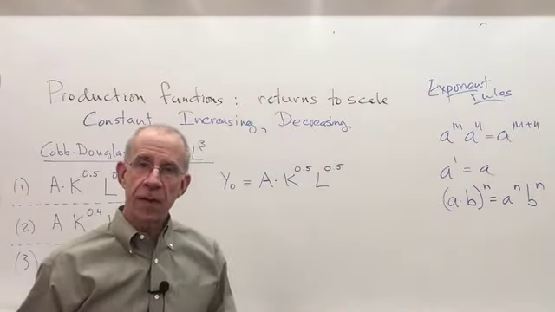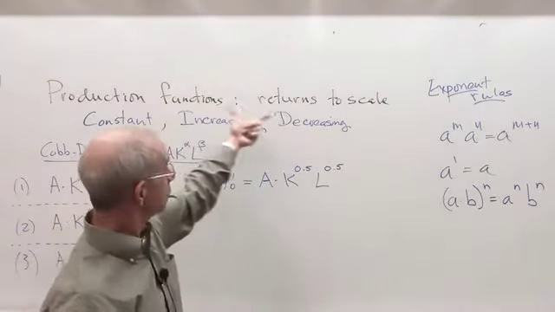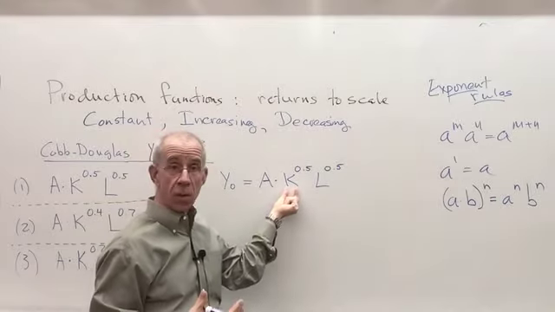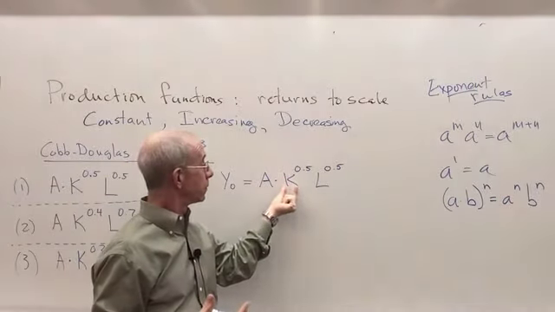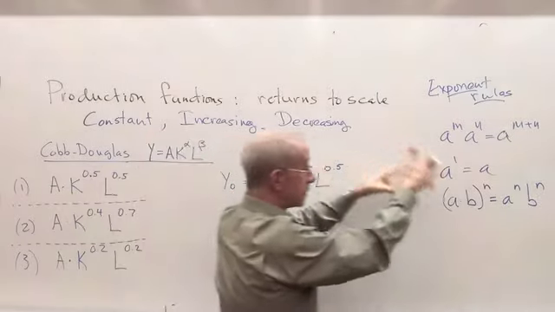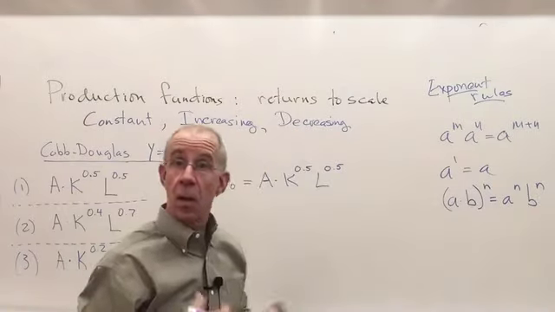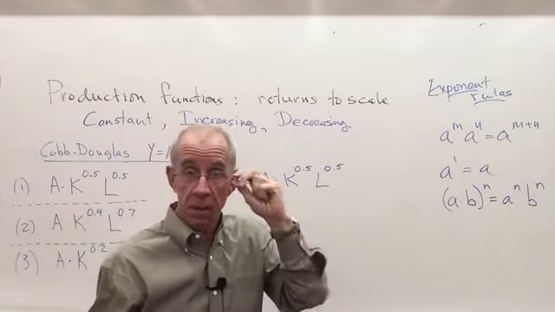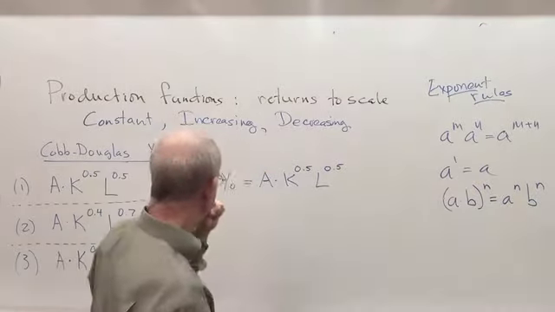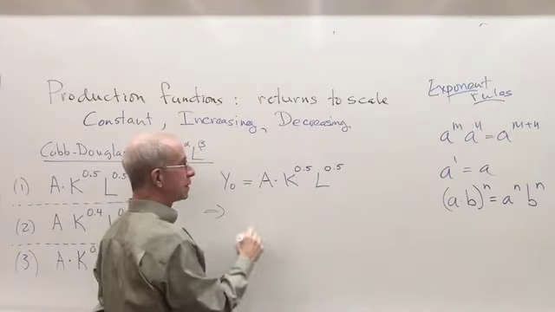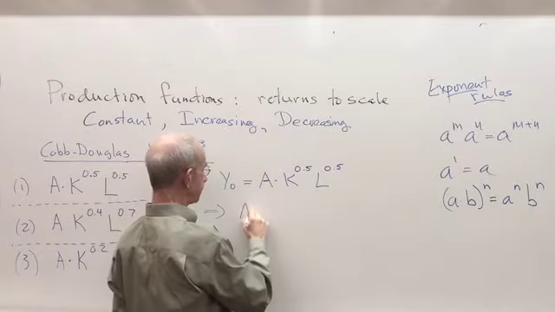And in order to evaluate the returns to scale, we want to double all of the inputs, the capital and labor, using these rules, and see whether or not we have more or less the same as doubling the output.